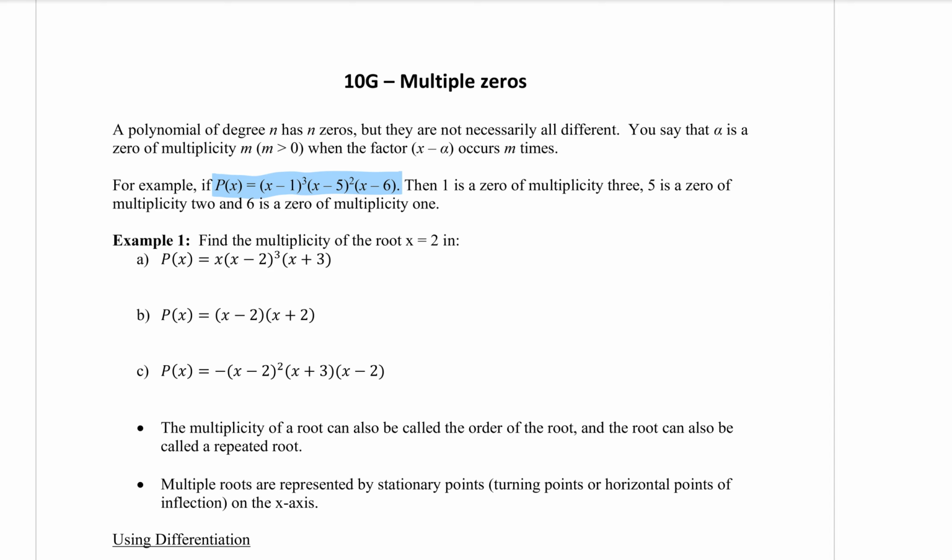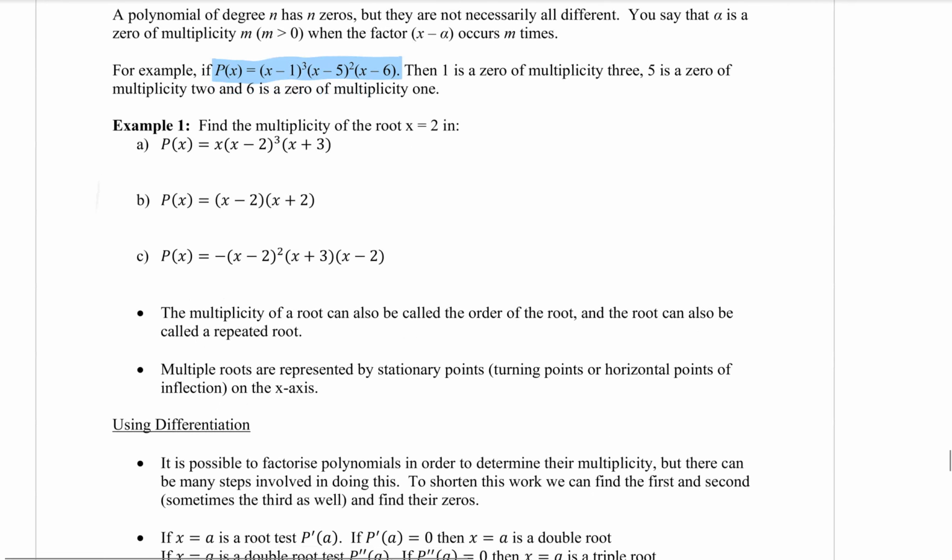Before we would call it a triple, but now we want to talk about multiplicity. The 5, because it has a squared there, we call that a multiplicity of 2. And the 6 is a multiplicity of 1.